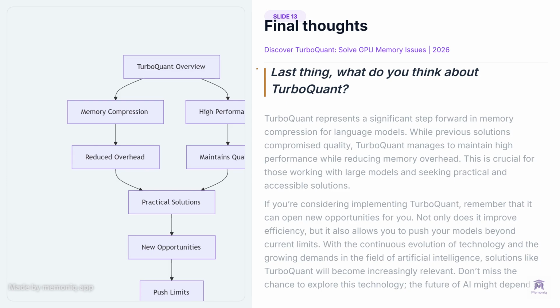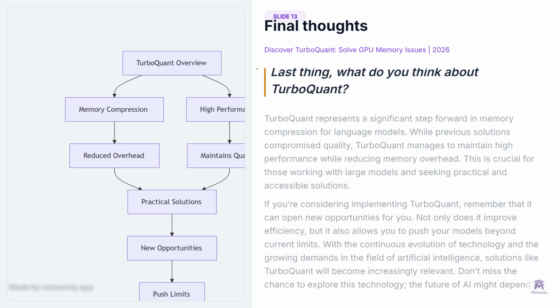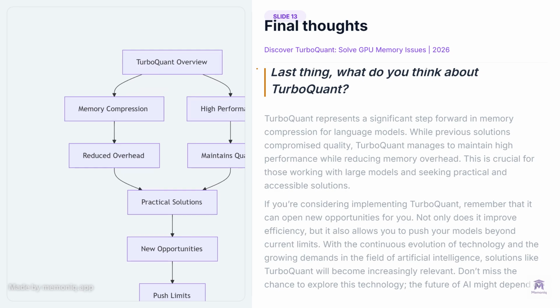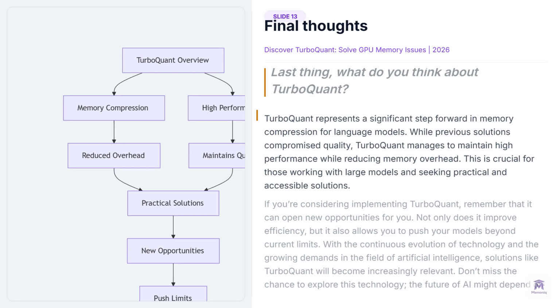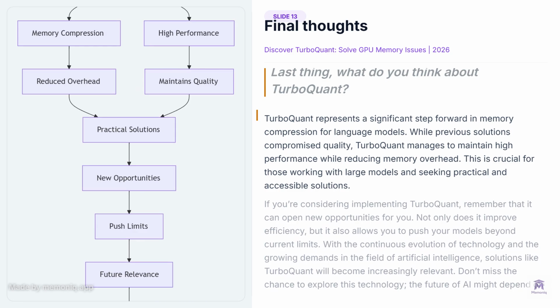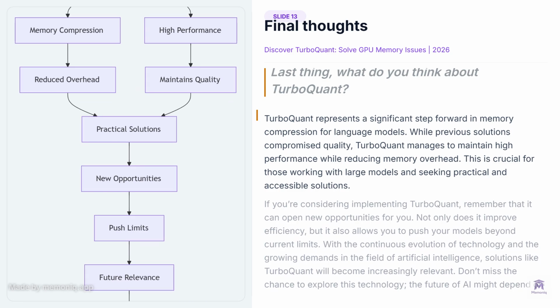Last thing, what do you think about TurboQuant? TurboQuant represents a significant step forward in memory compression for language models. While previous solutions compromise quality, TurboQuant manages to maintain high performance while reducing memory overhead.